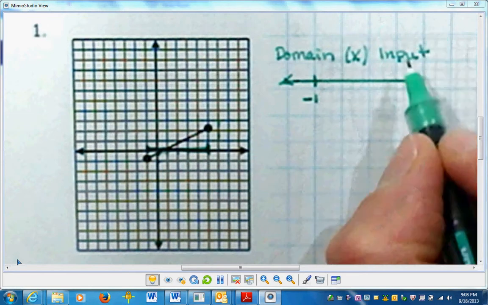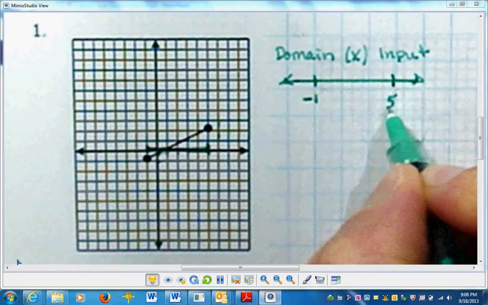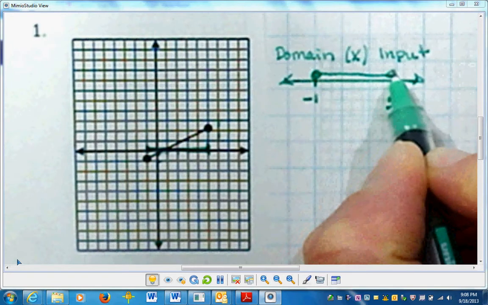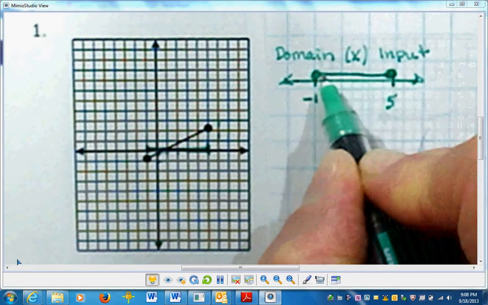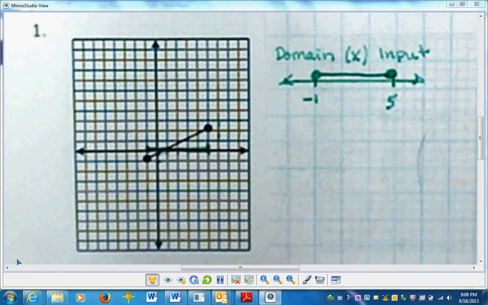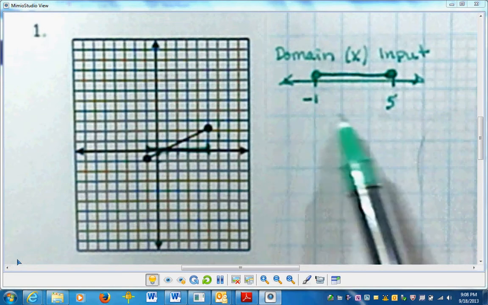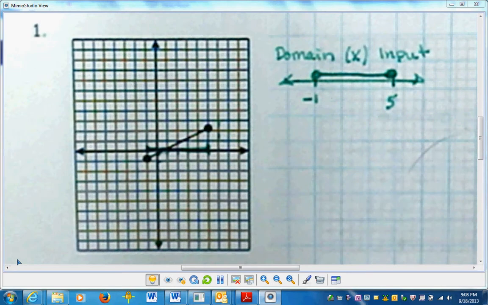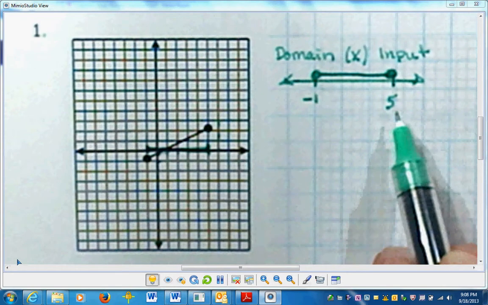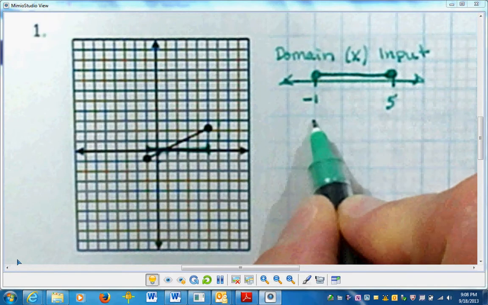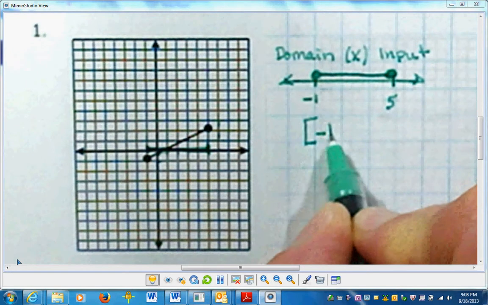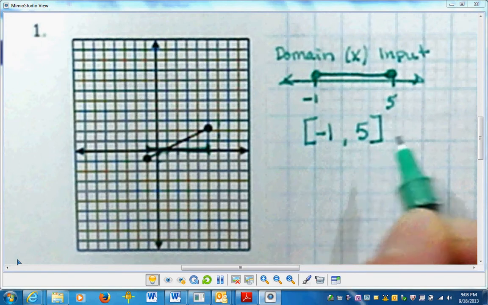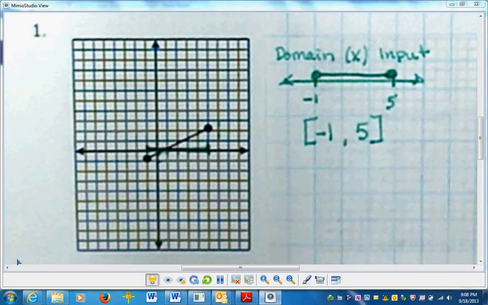And it goes all the way to where x is 5. So all those values are my values of x. So x can be anywhere from -1 to 5. So if I'm going to state this in interval notation, I would say from -1, including -1, all the way to 5. Those are my values of my domain.